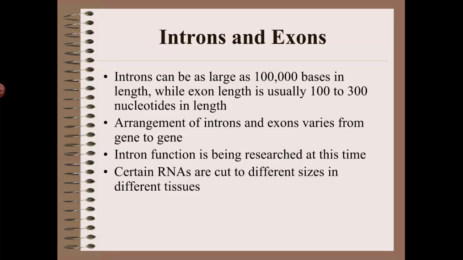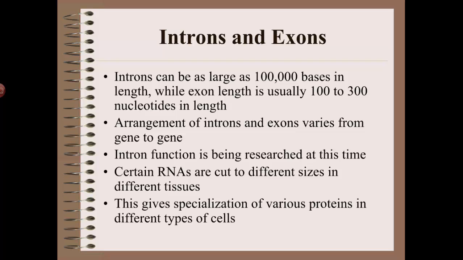Well, part of the way you can do that is by taking the important genetic information, the exons, and splicing them together in a different order. So you have a gene that can produce maybe 2 or 3 different proteins by just how you put the exons together. There's other ways to do it too, but that's one of the more common theories as to how we have so many different proteins from such a limited number of genes.